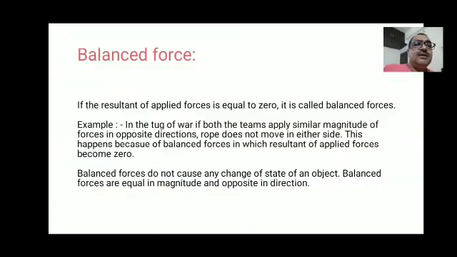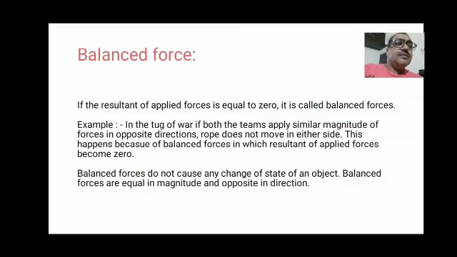Now let's learn certain things about balanced force. If the resultant of applied forces is equal to zero, it is called balanced force. We have already learned that definition. Example: in tug of war, if both teams apply the same magnitude of force in opposite directions, the rope does not move to either side.